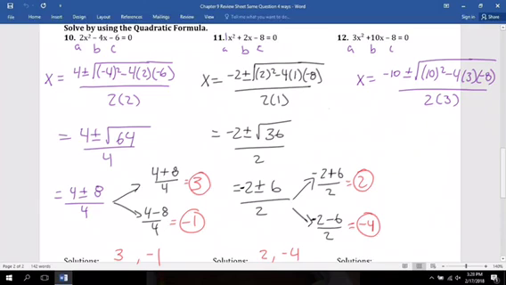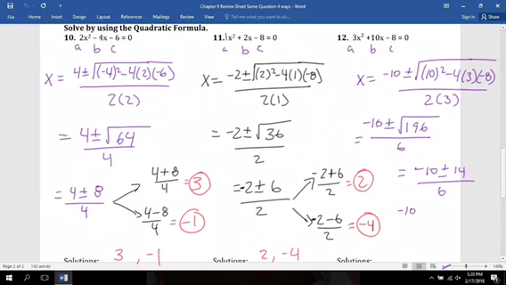Well, evaluating what's underneath the square root, you're going to get negative 10 plus or minus the square root of 196 all over 6. Well, the square root of 196 is 14, so I've got negative 10 plus or minus 14 over 6. Well, I'll create my two equations.